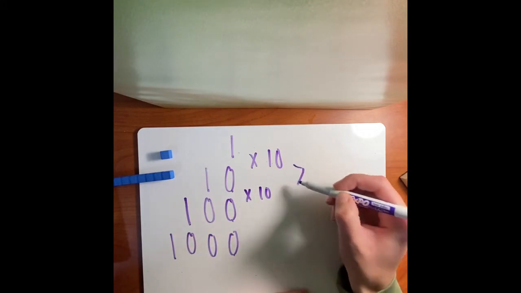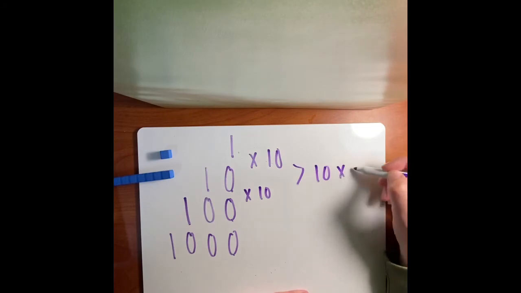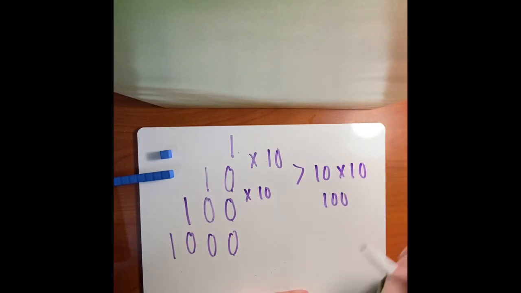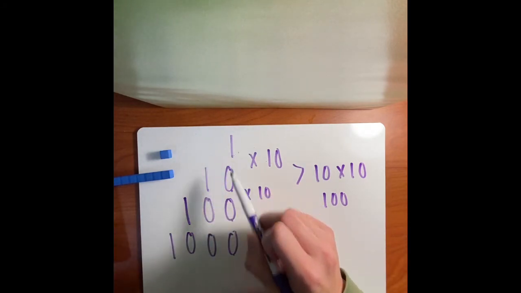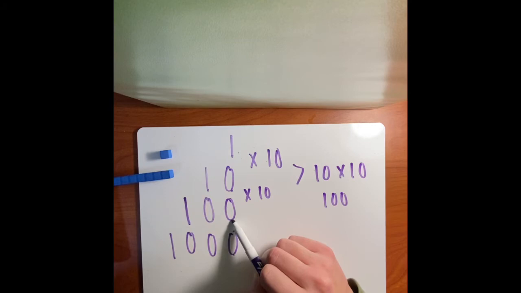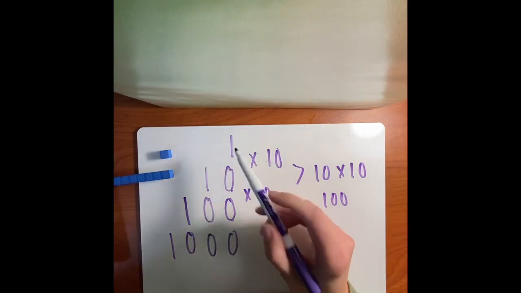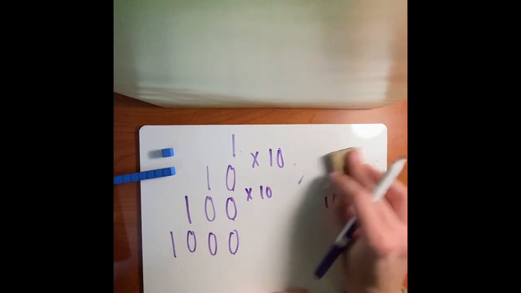What would happen if I just did 10 times 10? That gives me 100. So if I want to go from 1 to 100, I just do 10 times 10. In the next question, I want you guys to tell me how you would get from 1 to 1,000.